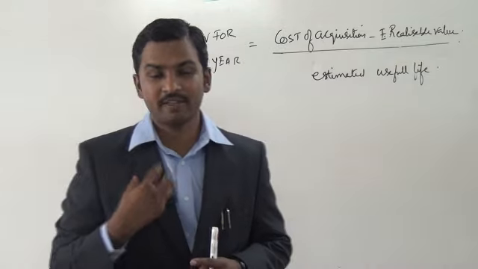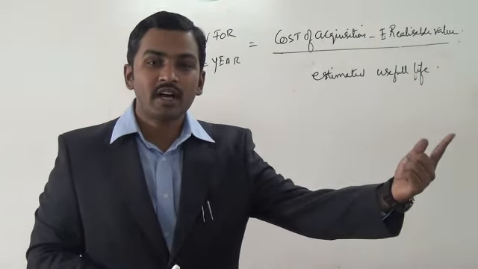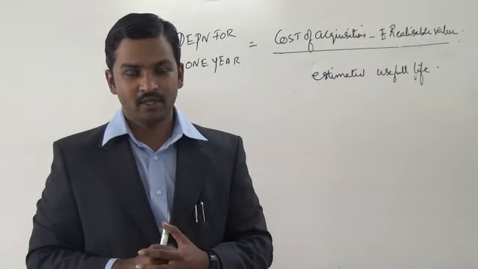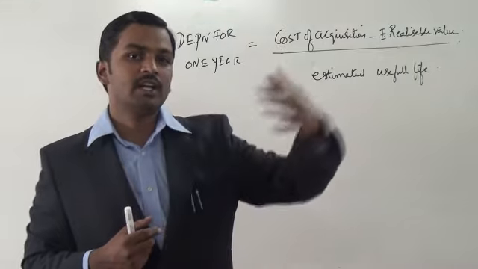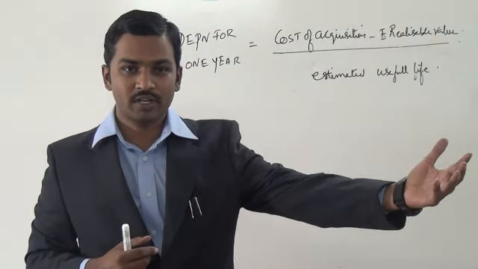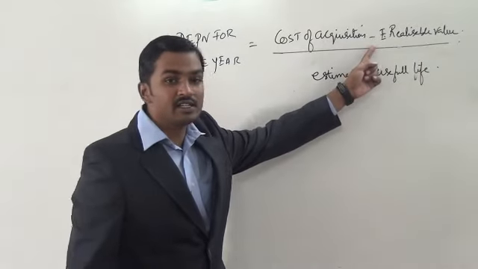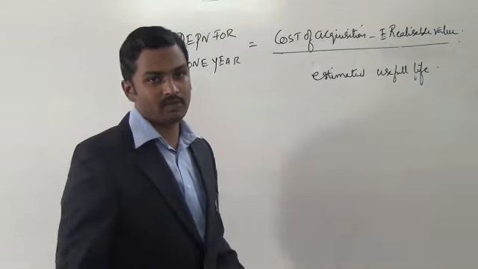And they also have information to estimate its scrap value at the end of its useful life. So the money which the company expects to realize when the asset becomes useless after the end of its useful life is called the estimated realizable value, or in simple terms it is also called scrap value.